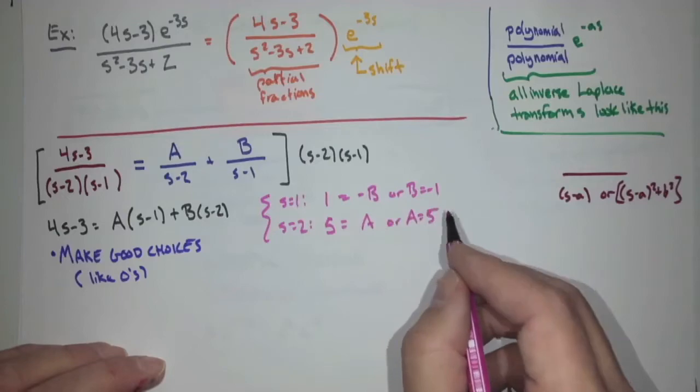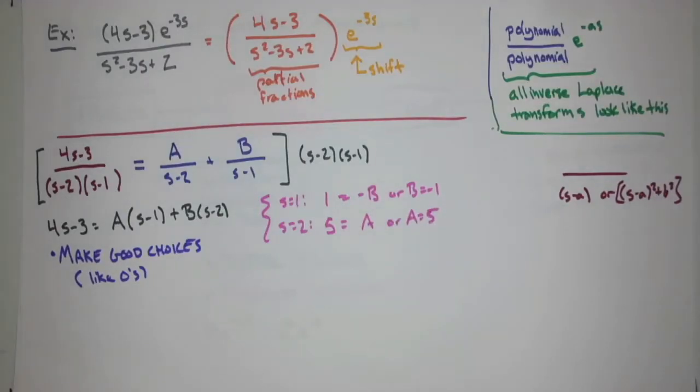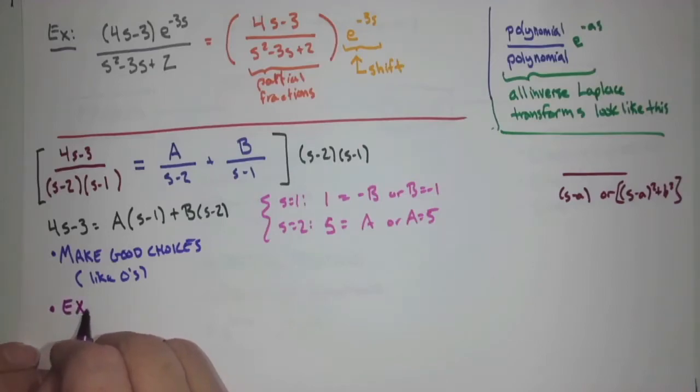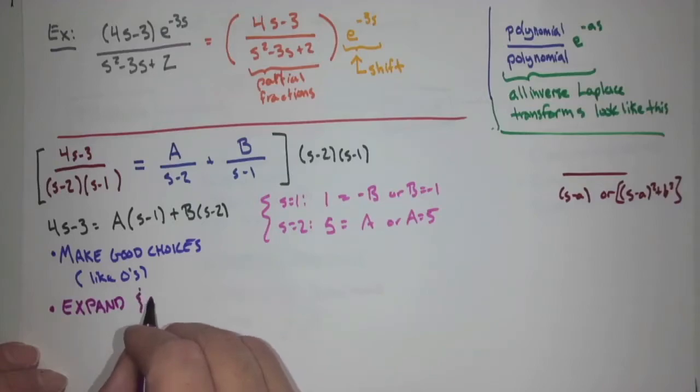Now, suppose you can't make good choices for some reason, or maybe you just don't have enough good choices to make. What's another thing you can do? A system of equations, coming from what? Yeah. So this is expand and collect coefficients.